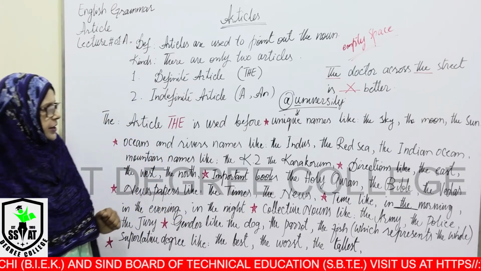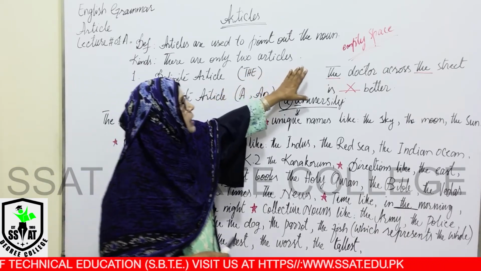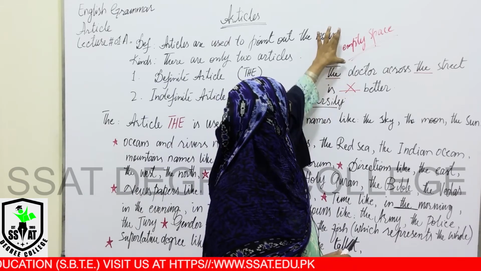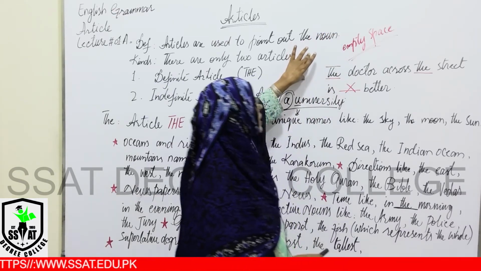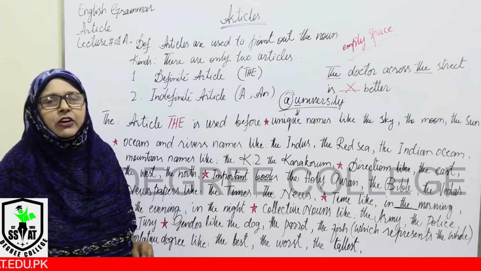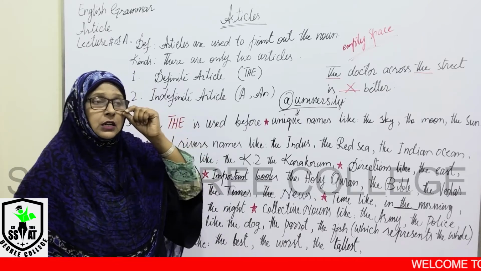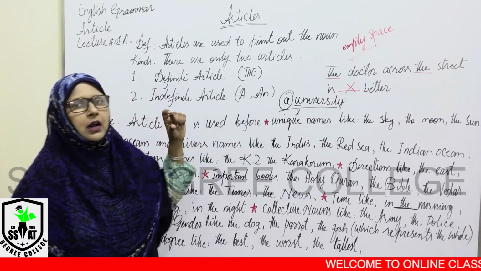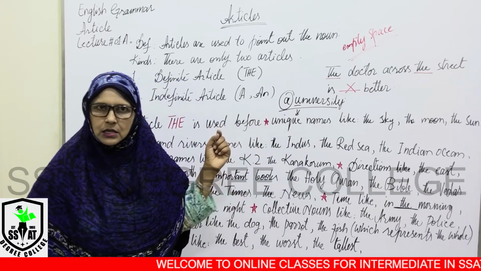So dear students, let me continue the topic. Here I have written and highlighted one thing: empty space. What is empty space? Whenever you see an exercise on articles, the statement is written: use an appropriate article where necessary.